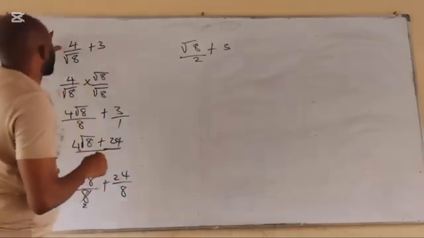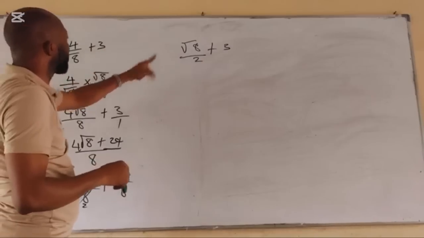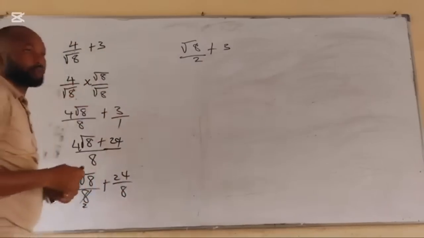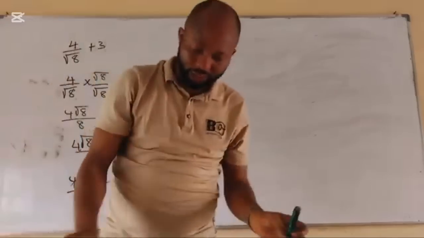So the question 4 over root 8 plus 3 is root 8 over 2 plus 3. That is our answer. So let's quickly take another example.